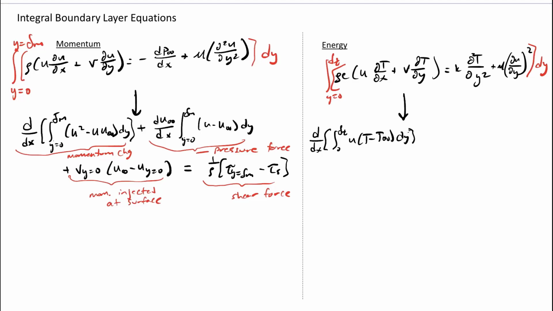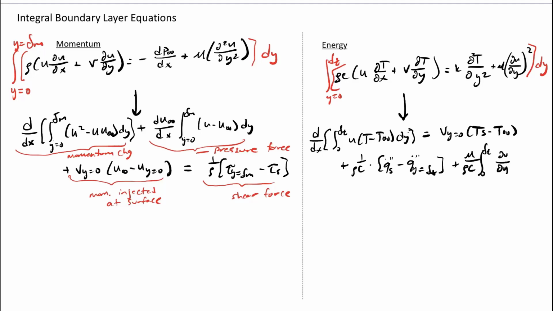That's equal to, on the right-hand side, v at y equals 0 times (Ts minus T infinity), plus 1 over rho c times (q dot double prime s minus q dot double prime at y equals delta t), plus mu over rho c times the integral from 0 to delta t of (du/dy) squared dy.